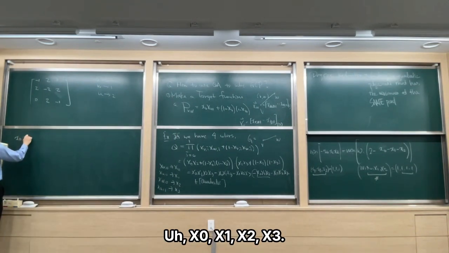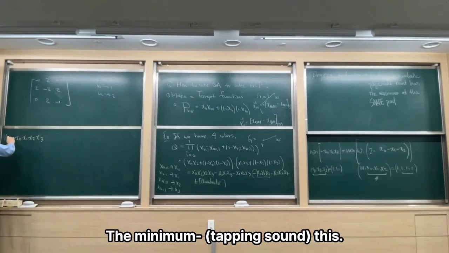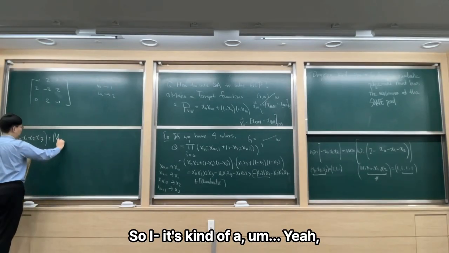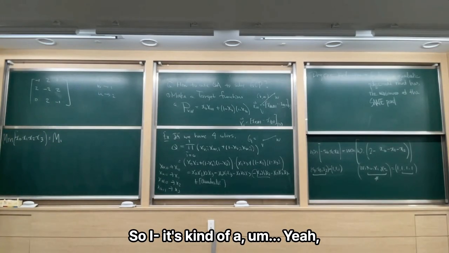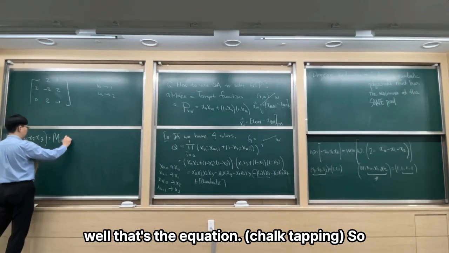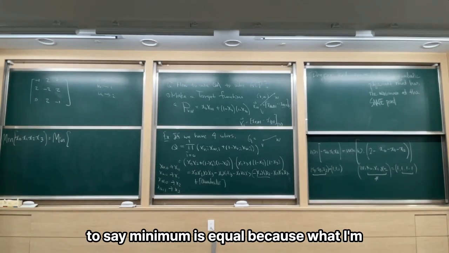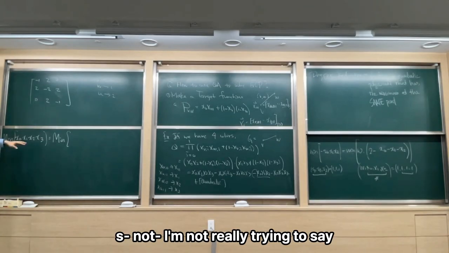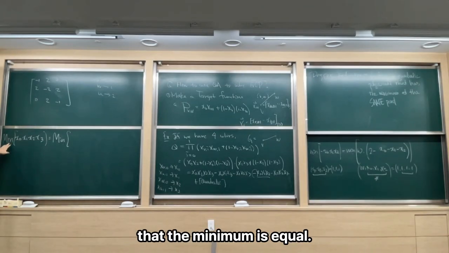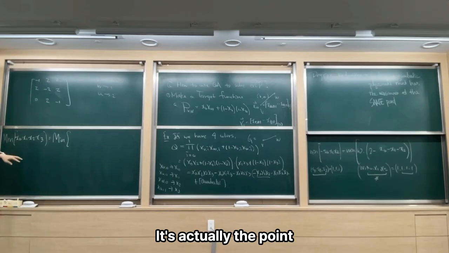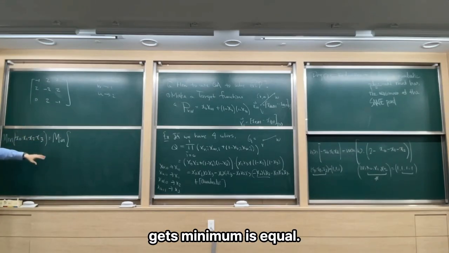x0, x1, x2, x3, the minimum of this. Let's think this way. It's kind of leading to say the minimum is equal, but what I'm not really trying to say is that the minimum is equal. It's actually the point where these two polynomials get their minimum that is equal.